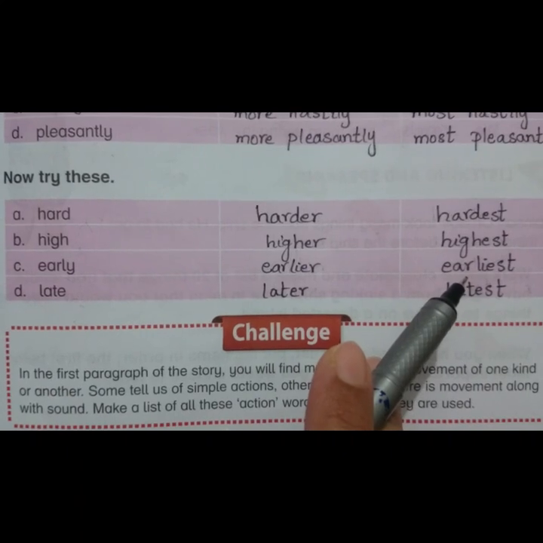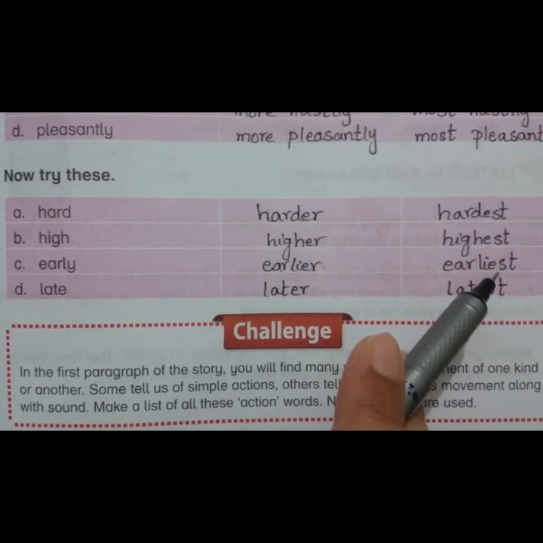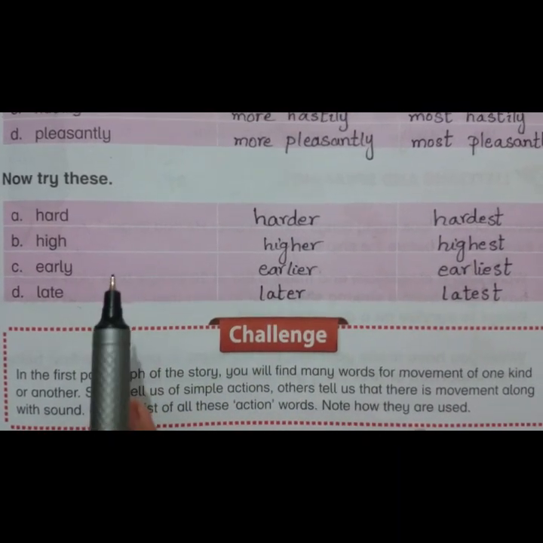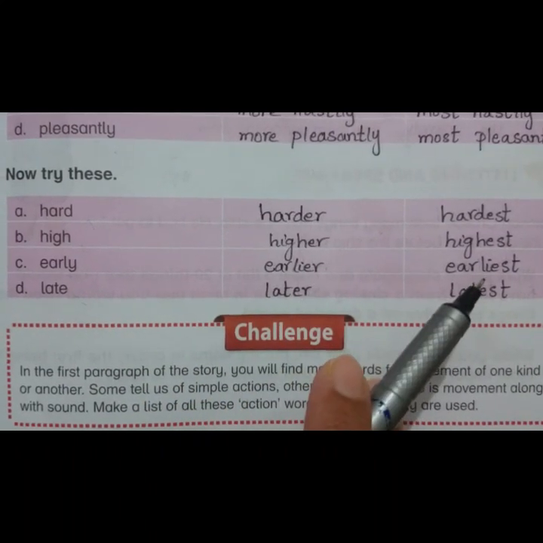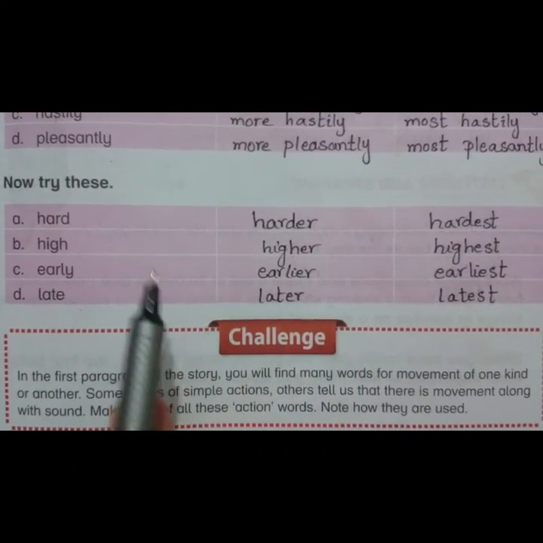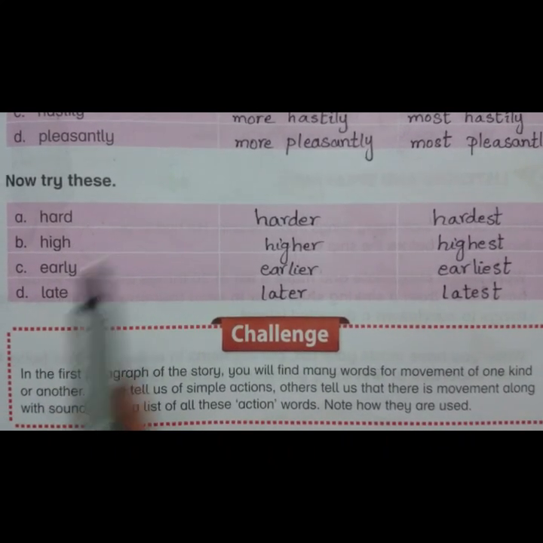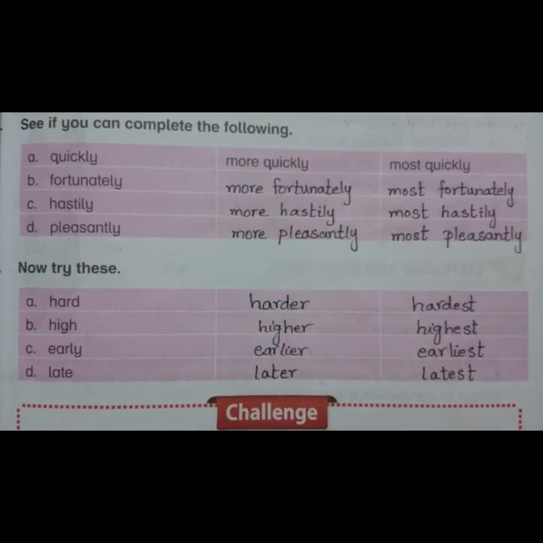Just like this, I will change y into i and then use est for its superlative degree. Early, earlier, earliest. Easy, easier, easiest. Happy, happier, happiest. This is how you're going to change the adverbs that end with y, while the others will simply change into er and est.